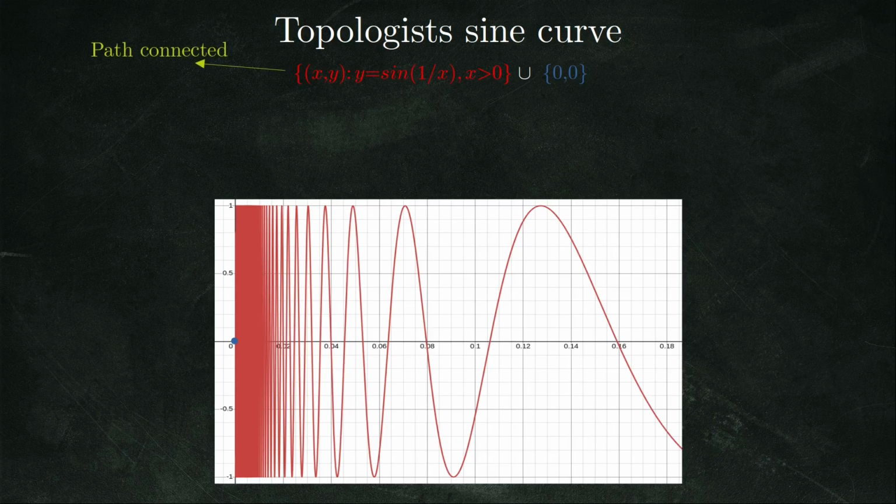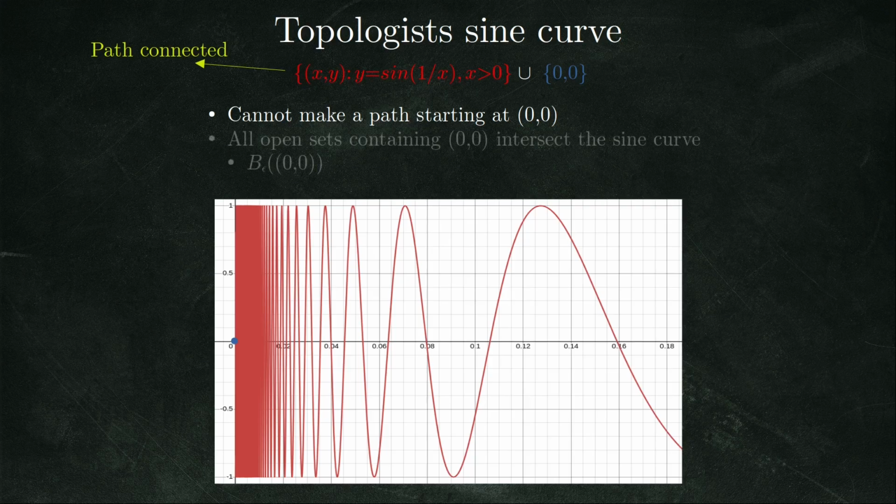Now, the red bit alone is path connected, right? I mean, it's basically a path as it is. So it's quite easy to make a path from any two points in it. However, if we include (0, 0), the whole set is not path connected. We can't make any path starting at (0, 0) that goes to anywhere else.